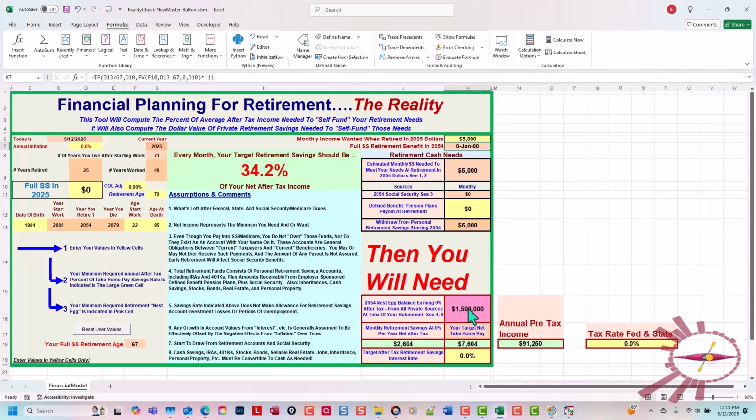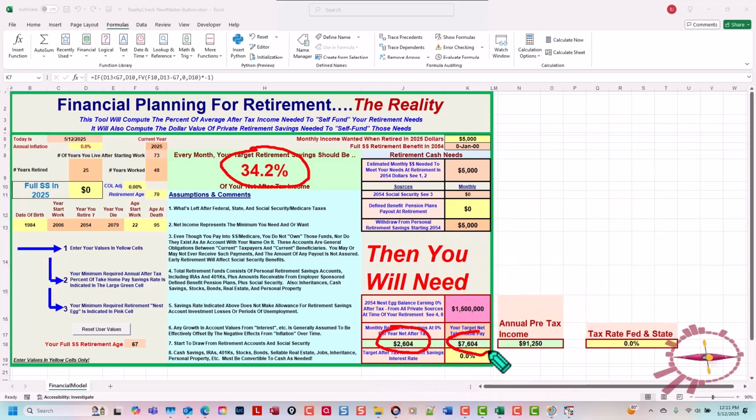Take this a little further. If we need to save $2,604 every month, and the spreadsheet has told us that we need to save 34.2% of our gross salary, well then we can easily calculate our gross salary, which the spreadsheet says should be $7,604.